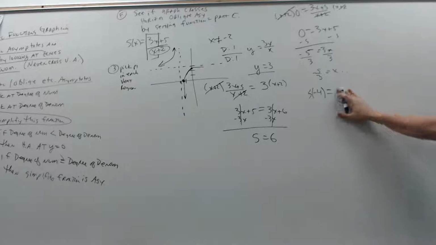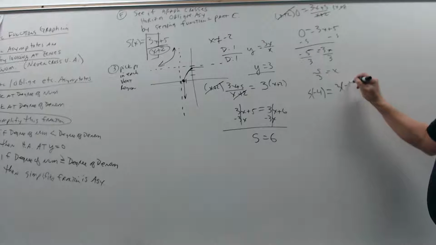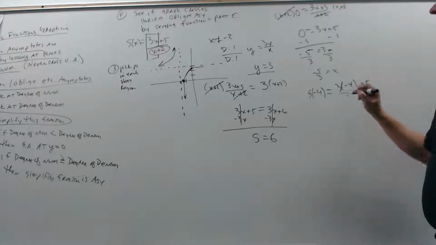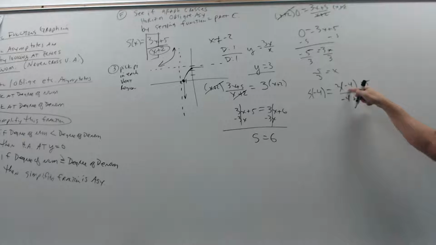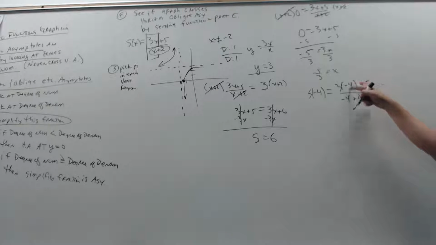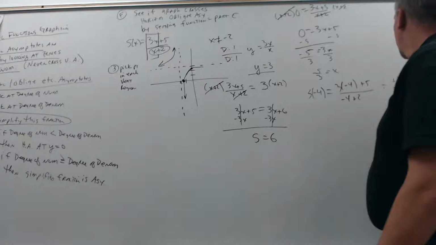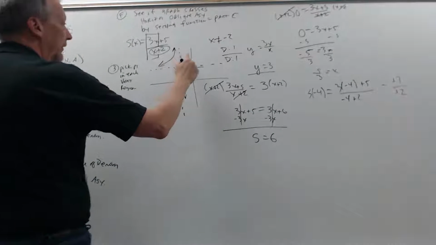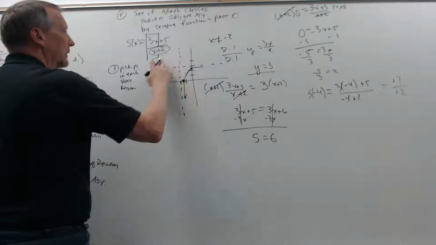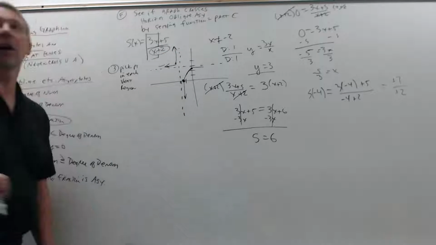Plugging it into here, S of -4 is 3 times -4 plus 5 over -4 plus 2. 3 times -4 is -12, plus 5 is -7. -4 plus 2 is -2. Those cancel, and I get a positive number. That's 7/2, which is about 3.5, which is above the line. I should have drawn it closer to here. It's going to look like that, okay? And we know it doesn't cross, so we're good.